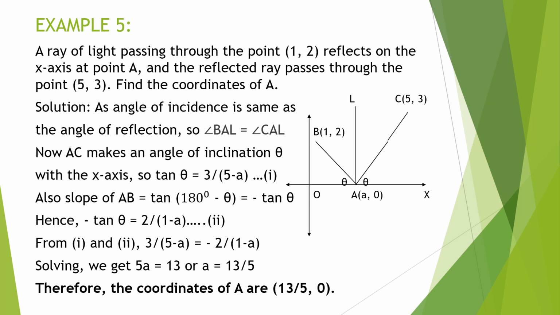So minus tan theta is equal to, now here the difference of y coordinate is 2 minus 0 and x coordinate is 1 minus a. So from equations 1 and 2, when you equate them, you will get the value of a as 13/5. So the coordinates of A are (13/5, 0).